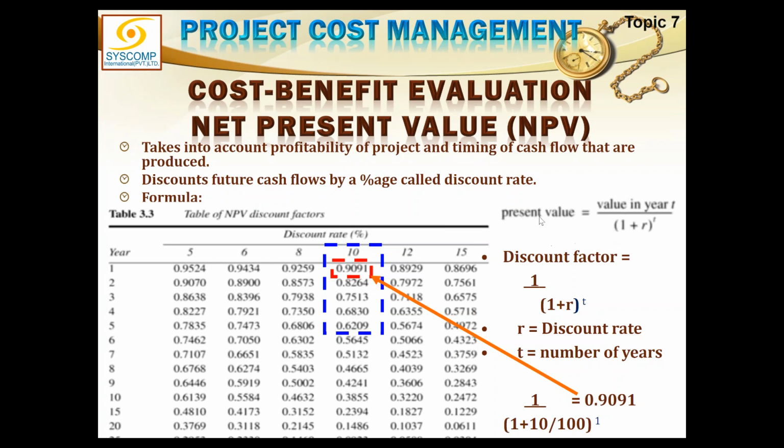So the formula for present value would be future value divided by 1 plus r raised to the power t or n, whatever you want to call it, but r stands for discount rate. Do you get it? Yes, sir.